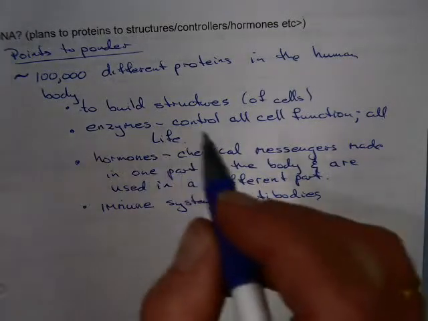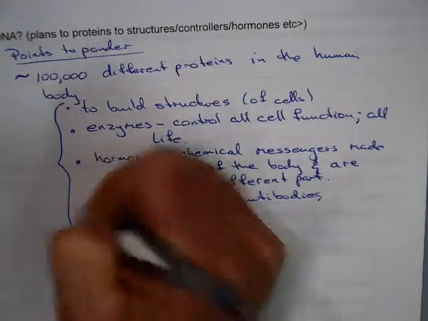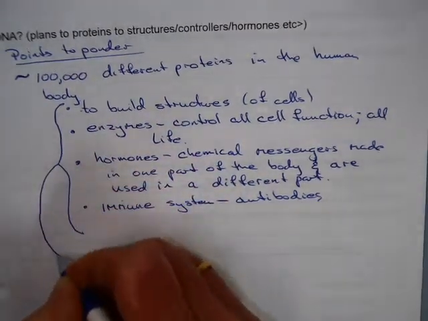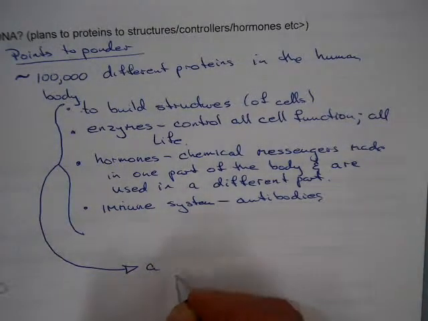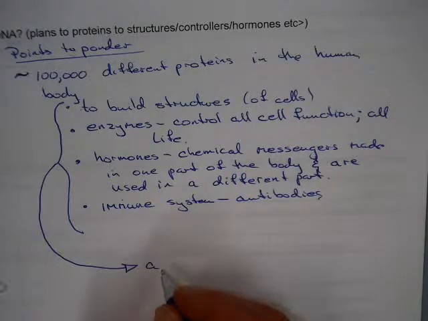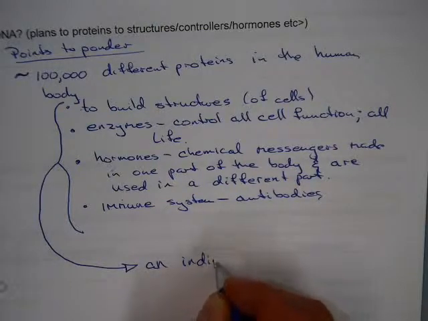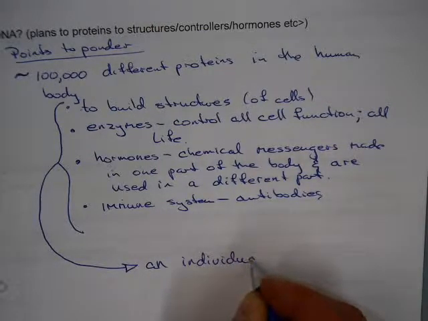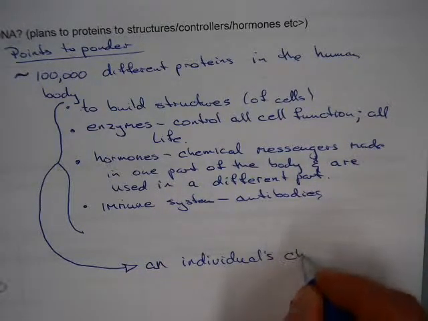But overall, all of these things together, these constitute antibodies. A-N-T-I, antibodies. All of these things together produce an individual's characteristics.